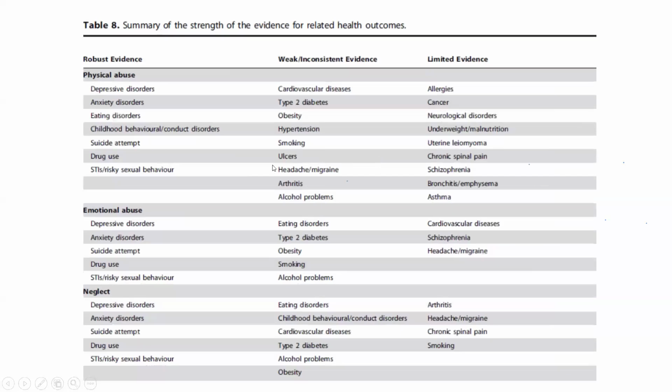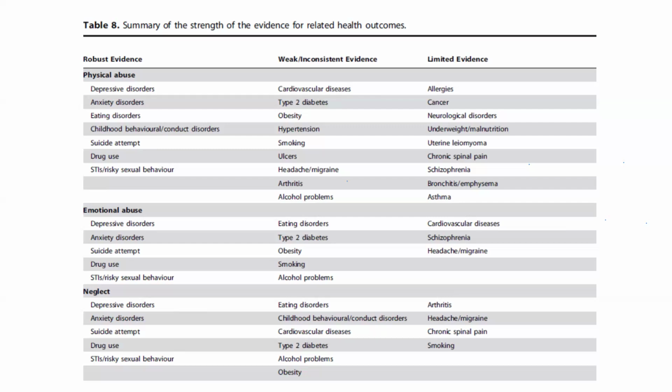This is one way. And then you can do the summary of strength of evidence of related health outcomes. So you can say whether it has limited, weak, inconsistent evidence, or whether it has robust evidence. That's how you plot it: based on those criteria, based on that quality, you give a table in which, for each and every condition, you say whether the evidence has been robust, weak, or limited.